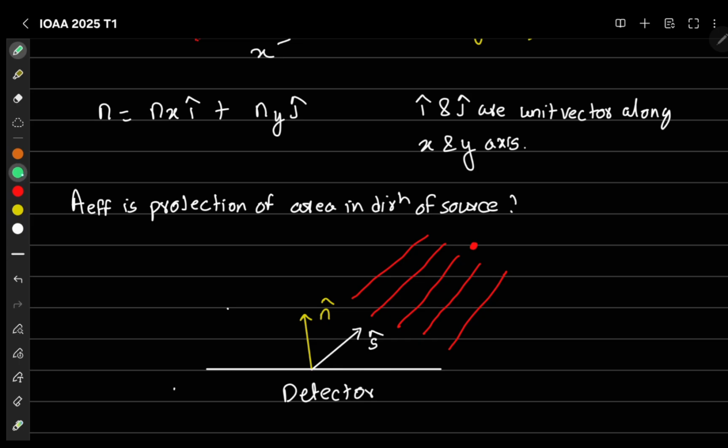Now, to find the power, we need to find the projection of the detector in the direction of the source.